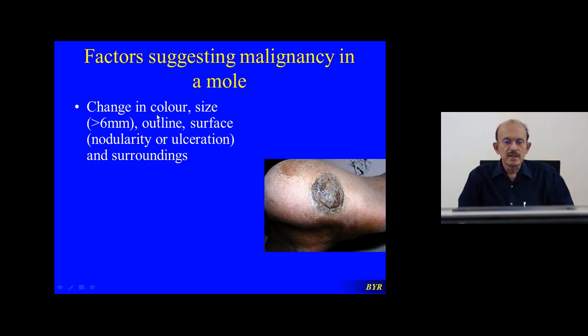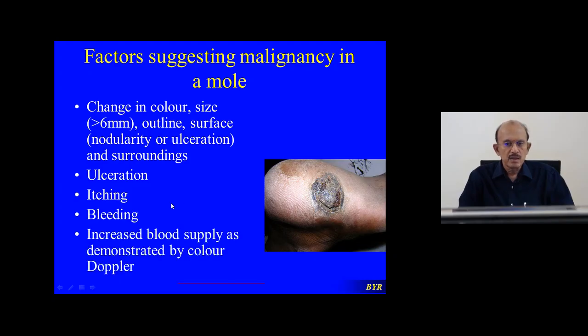So whenever there is change in color, size, outline, surface, and surroundings, then you suspect malignant transformation in a mole. Whenever there is itching, bleeding, increased blood supply as demonstrated by color Doppler scanning, you suspect malignancy.